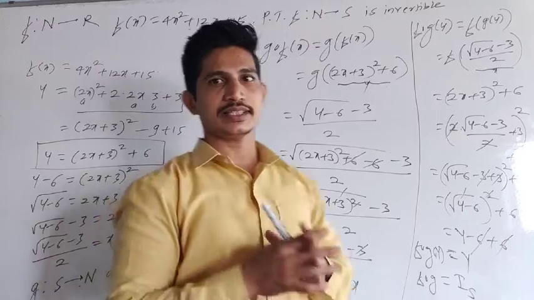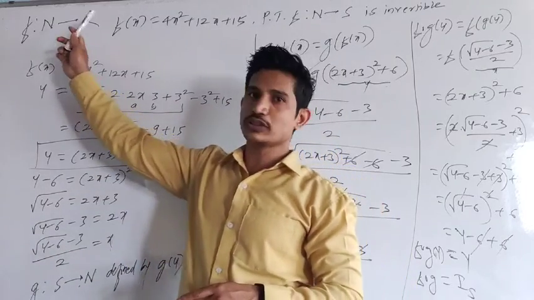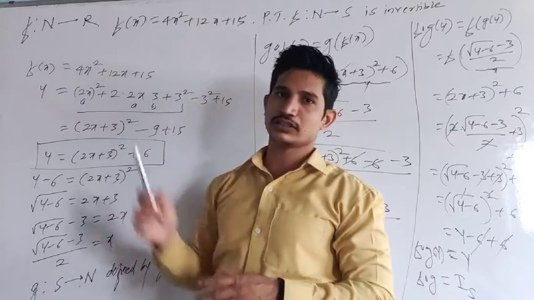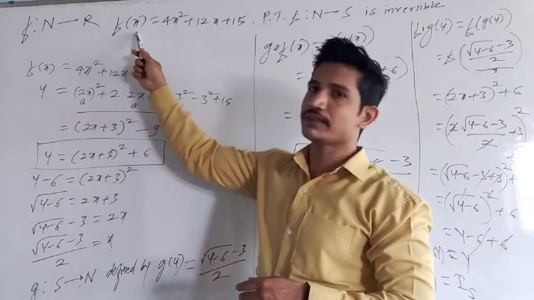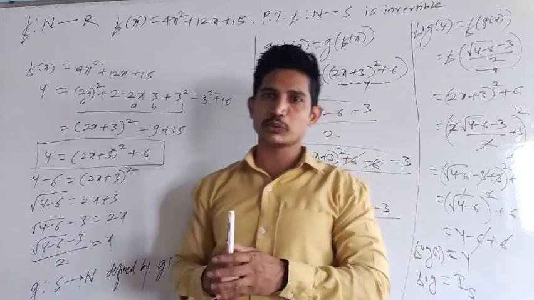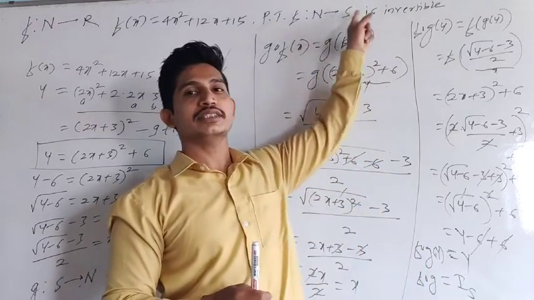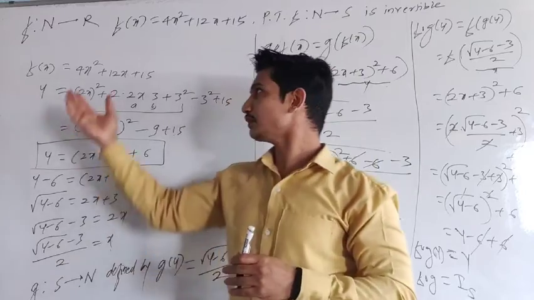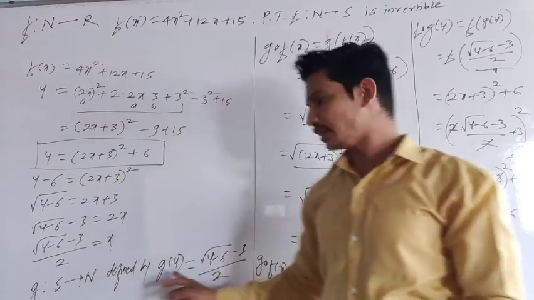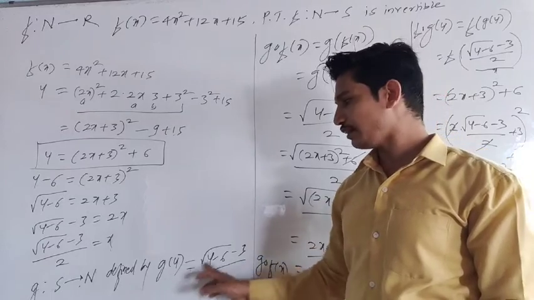So if the function f is invertible, where f is given from N to R, say f of x equal to a quadratic, then we are proving that f from N to S is invertible. First of all, find the value of x, and write g of y as the value of x.